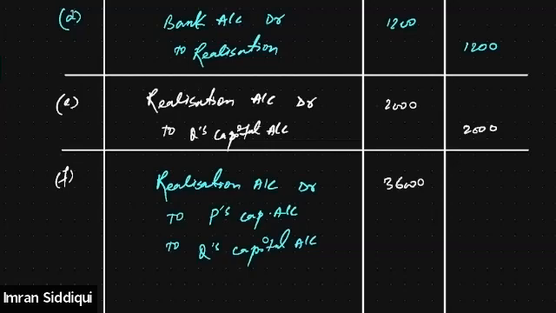It will be distributed among P and Q in the ratio of 5:4. So 36,000 into 5/4. Just a minute. This will be 16,022.